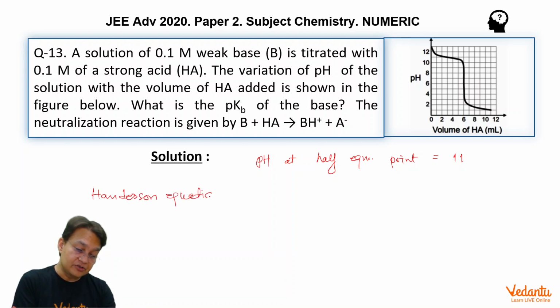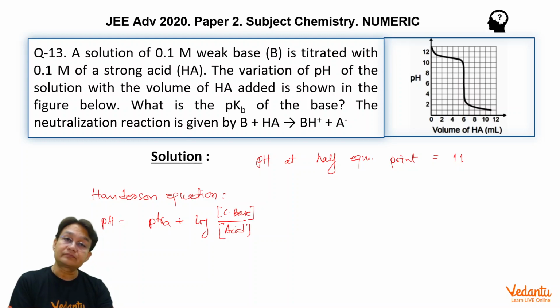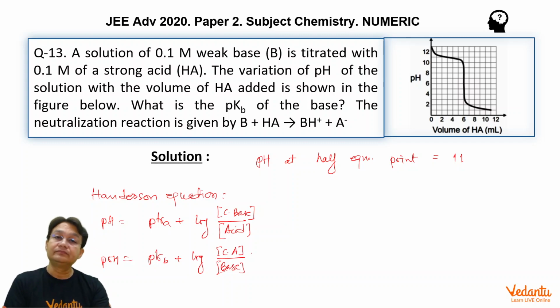The Henderson equations are: pH is equal to pKa plus log of the conjugate base in the numerator and the acid in the denominator, or pOH is equal to pKb plus log of the conjugate acid in the numerator and the base in the denominator. Now the choice is yours, which equation you would like to use.